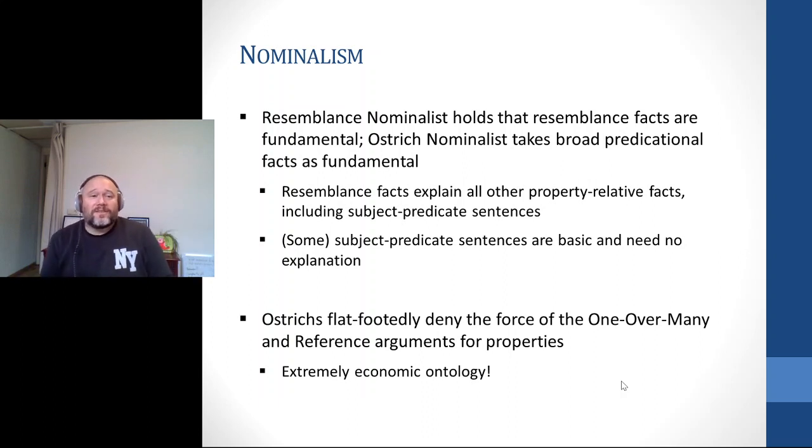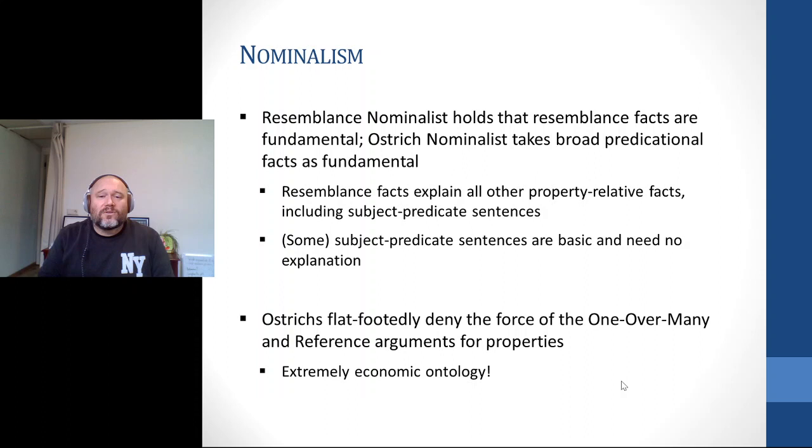Now, ostrich nominalists are ostriches because they deny the force of any of the arguments for properties. In particular, they deny the force of the One over Many. So that argument hinges on this claim that we have to explain resemblance. And the ostrich says, no, I don't. I don't see a problem here.